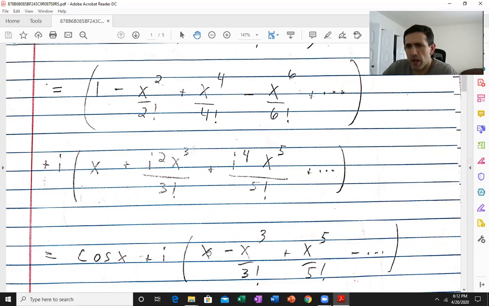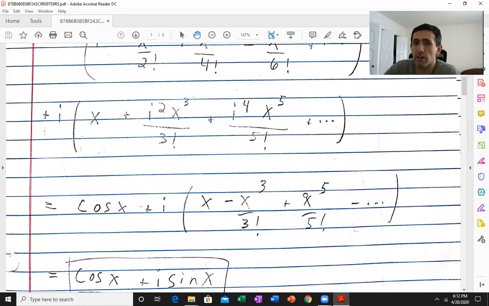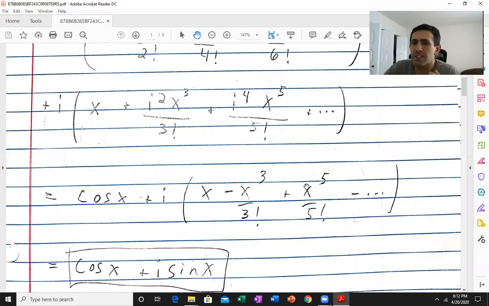So this here would be x minus x cubed over 3 factorial plus x to the fifth over 5 factorial minus x to the seventh over 7 factorial, etc. And you should recognize what this power series is. It's none other than the Maclaurin series for sine. So that means e to the ix is cosine x plus i sine x.